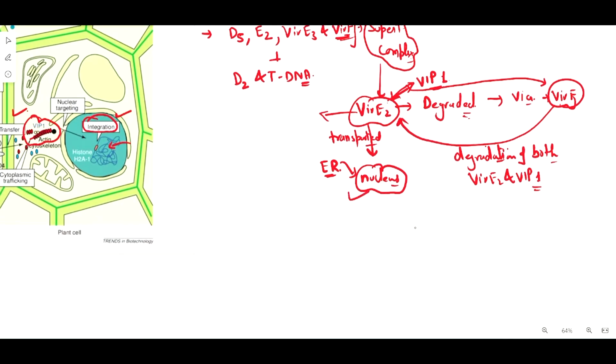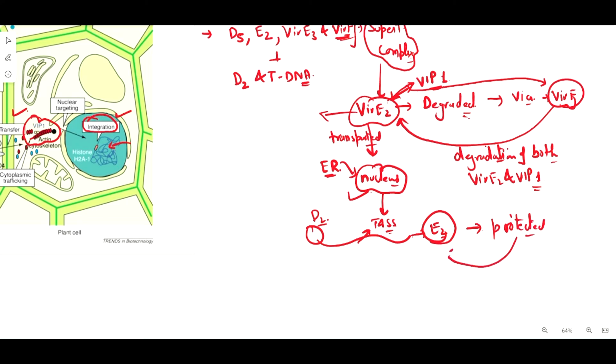Now, in the nucleus, it has your T complex without the E2, and it has the VirD2 protein and the type 4 secretion system. They all were protected by the VirE2 protein.